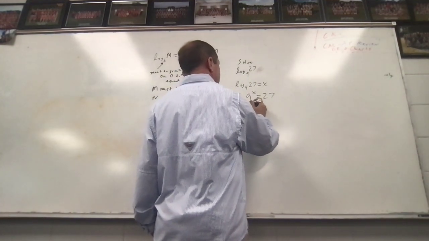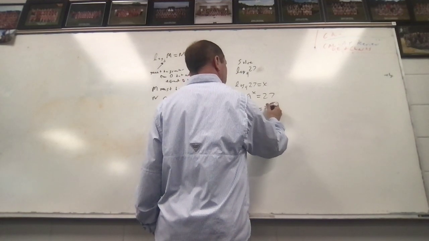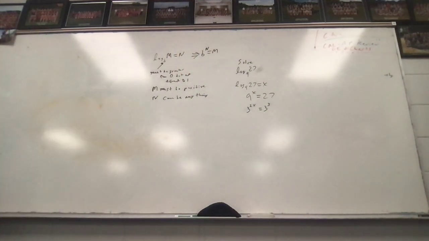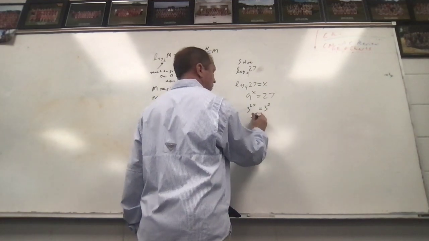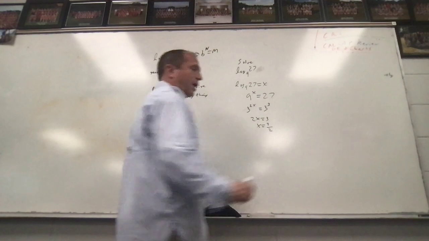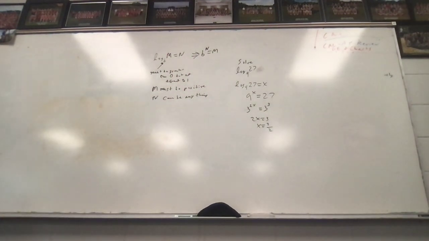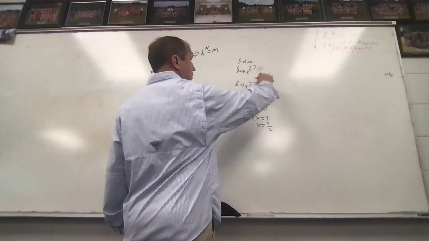So I'm going to rewrite this as 3 squared to the x equals 3 to the third power. Are y'all with me? Okay. And then 2x equals 3. Once you have your bases alike, we get that 2x equals 3, so x equals 3/2. So that would be the solution. 9 to the 3/2 power is 27.